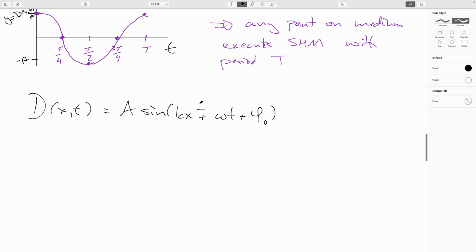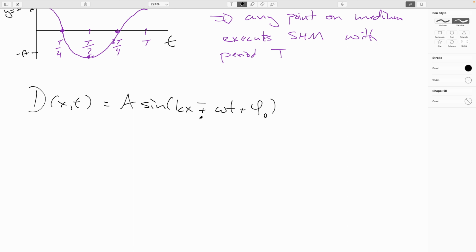Because k is 2 pi over lambda and omega is 2 pi times f, or 2 pi over the period T.